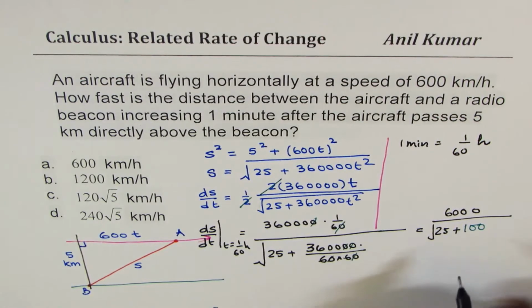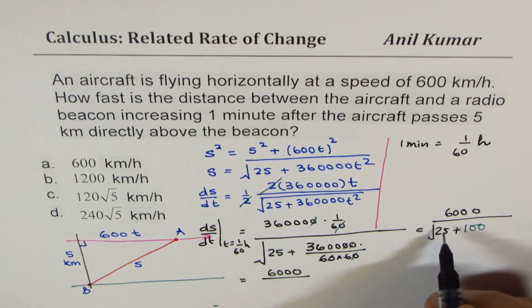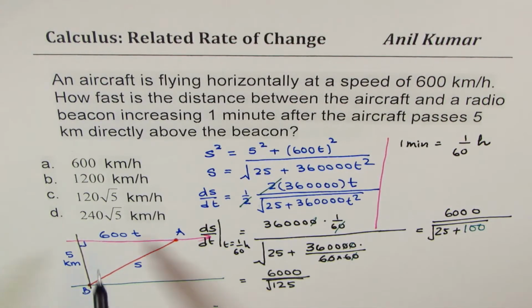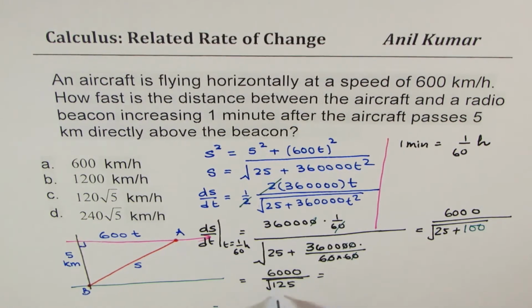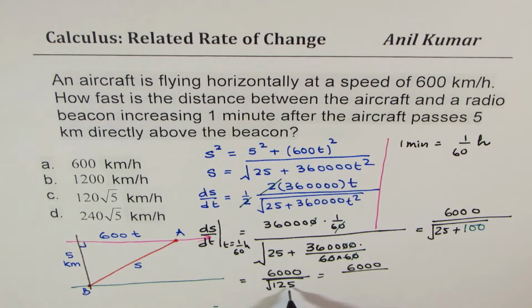So the answer here is equal to 6,000 divided by square root of 125. Now we can rearrange this. 25 times 5 is 125, so we could write this as 5 square root 5.